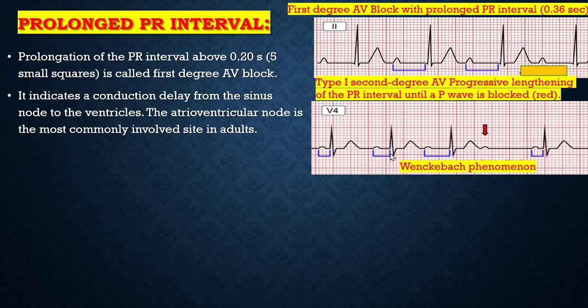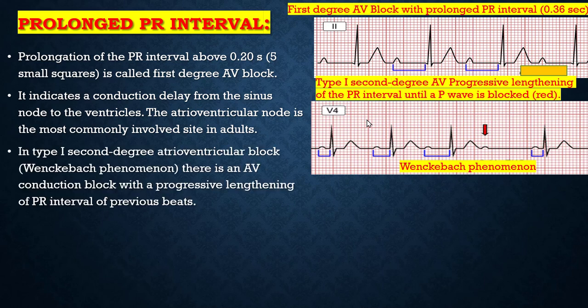So this is called first degree atrioventricular block. It indicates conduction delay from the sinus node to the ventricle. The atrioventricular node is the most commonly involved site in adults.